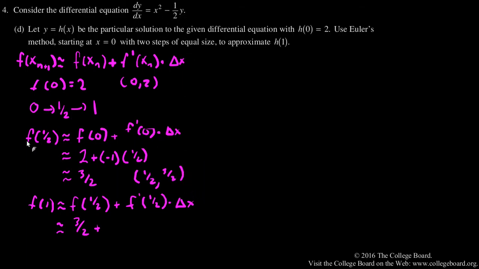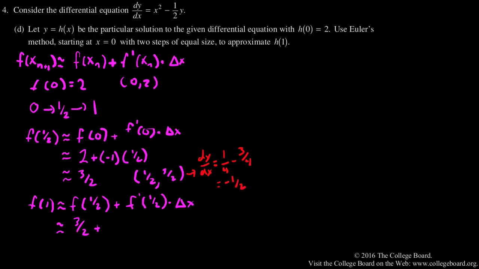So let me do that a little bit carefully. I'll change colors for a second. I'll go to red. So this means that dy/dx will equal, we have 1/2 squared, which is 1/4, minus 1/2 times 3/2, which would be minus 3/4. 1/4 minus 3/4 is negative 2/4, which equals negative 1/2.